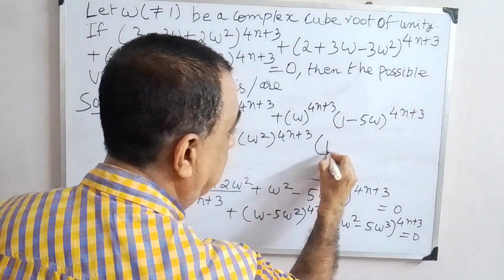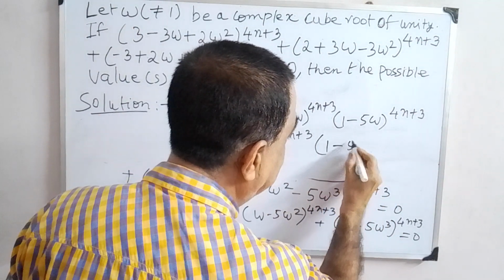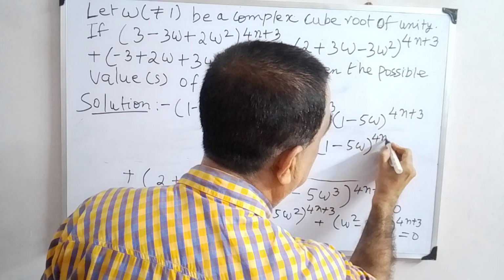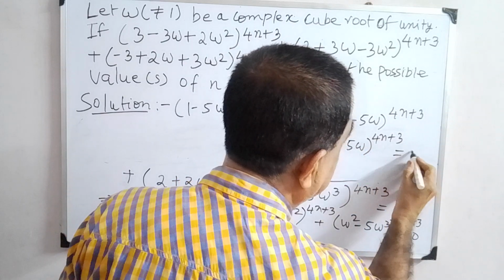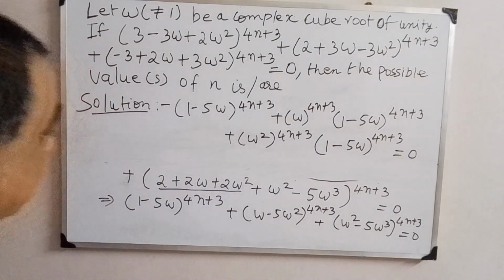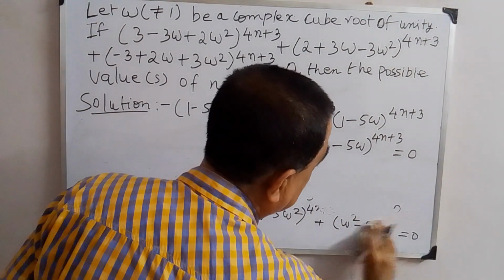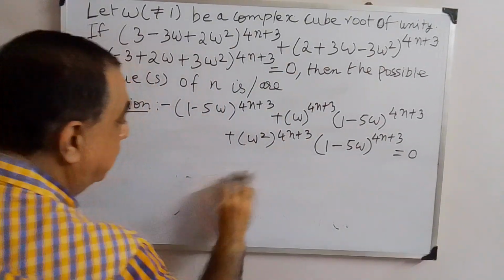It will be 1 minus 5 omega whole to the power 4n plus 3, that will be equal to 0. So now see, this is the equation we have got.